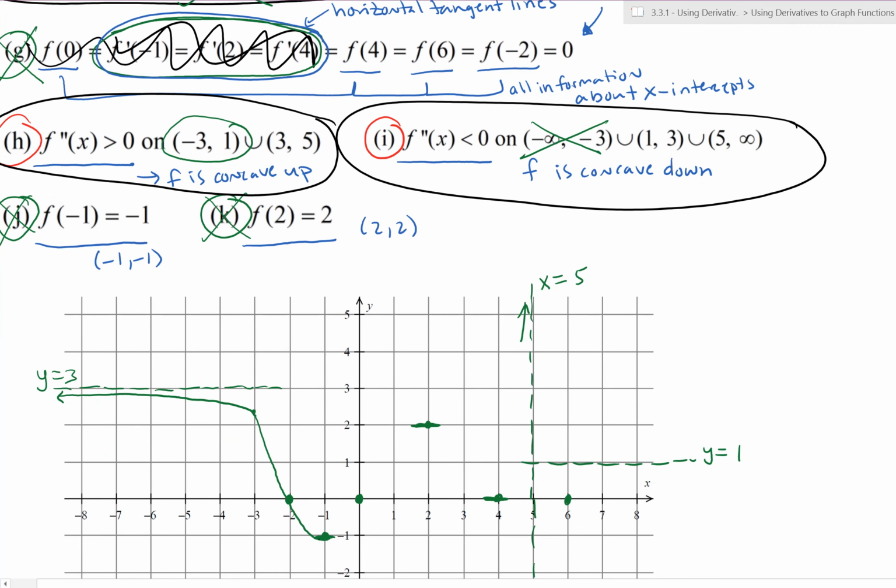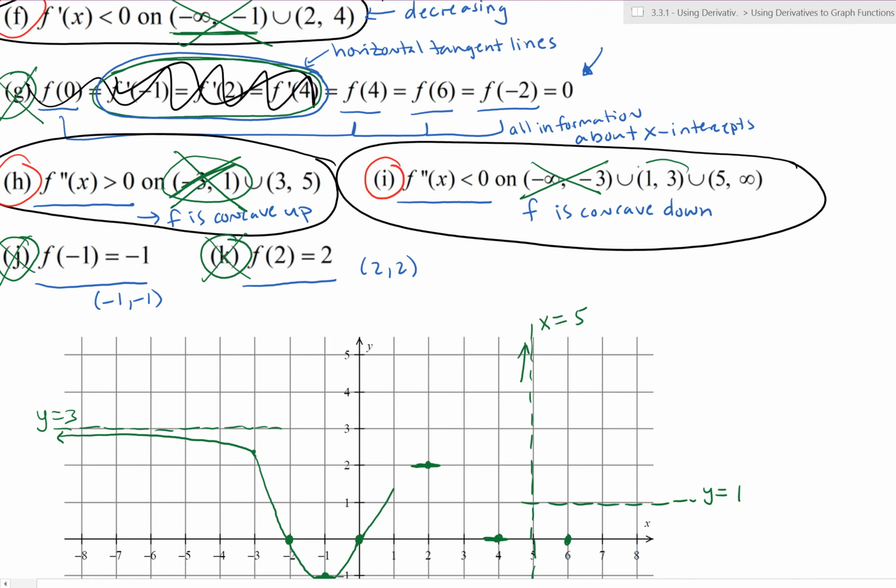So, got to turn to concave up, increasing here. I have to pass through that point, right? I got to keep increasing like so until positive 1. Concave up and increasing. I've now taken care of the negative 3 to 1 part here in my concave up condition.